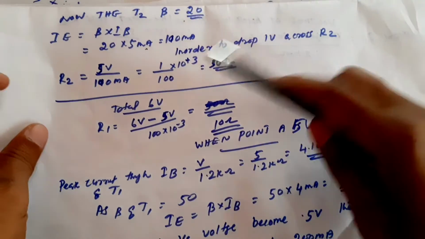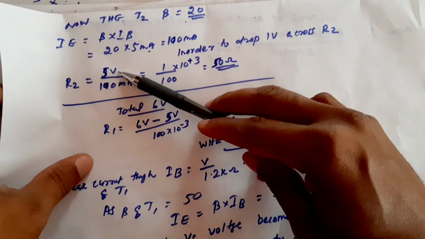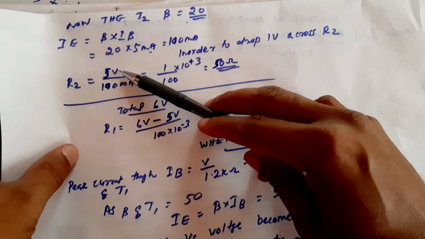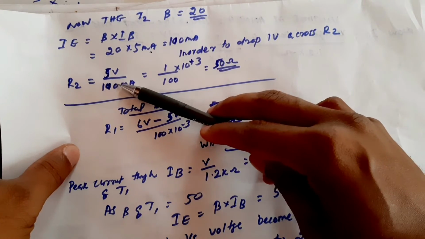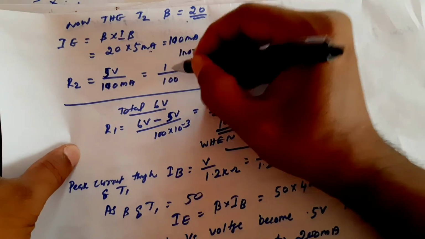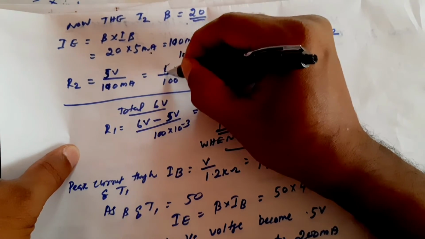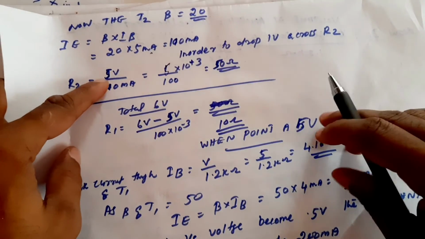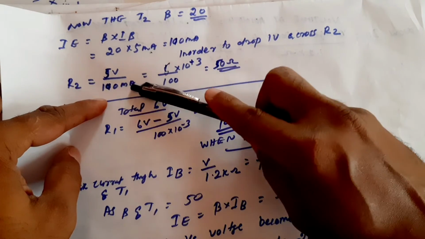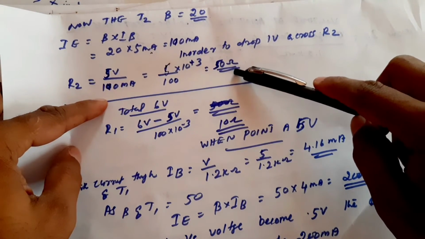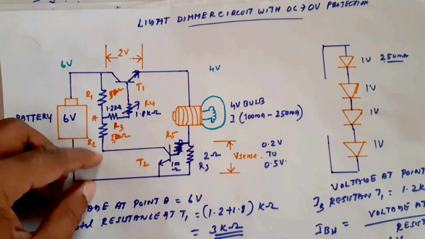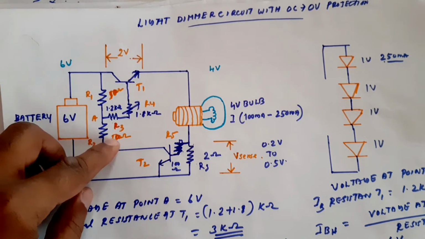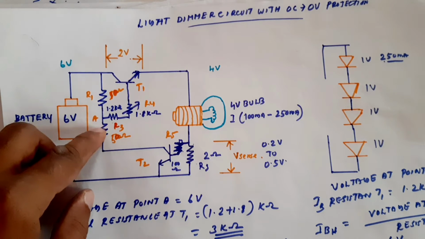If we want 5 volt across the resistor and 100 milliampere flows through it, we have to give a 50 ohm resistor as R2. 50 ohm into 100 milliampere is 5 volts.